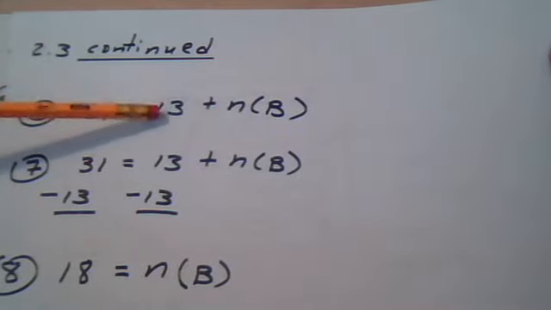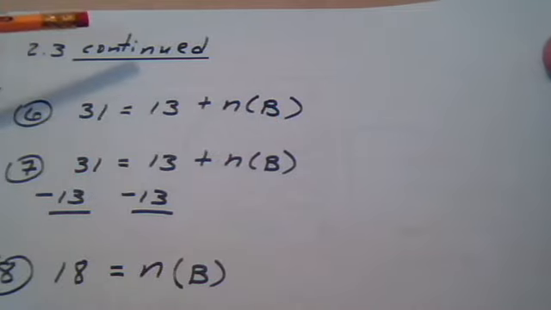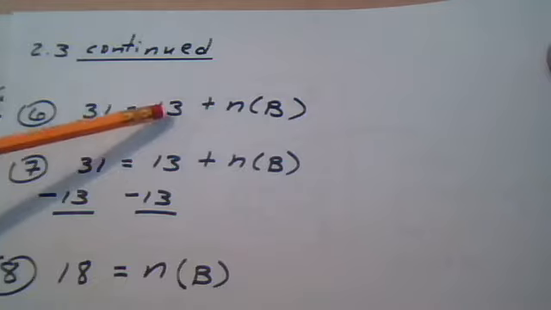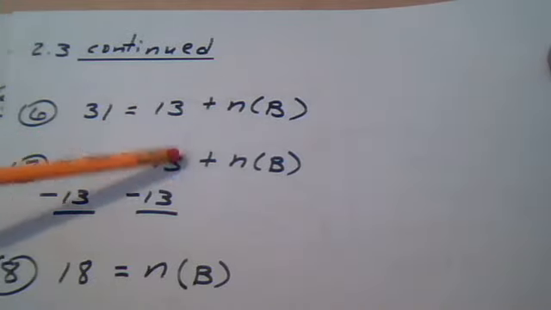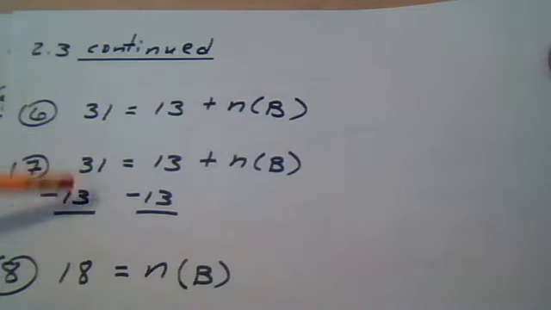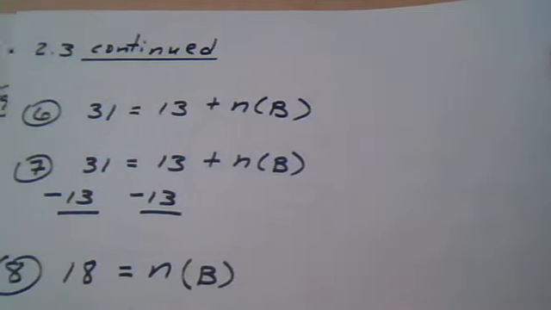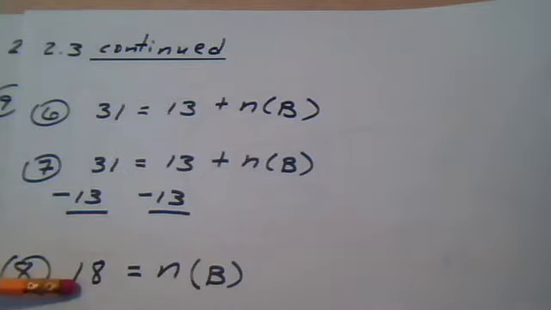So 31 equals 13 plus the number of members in the chemistry group. And the 13 came from 18 minus 5 is 13. Now you move this 13 over by subtracting. So 31 minus 13 is 18. So now we found out how many are in the chemistry group. There are 18 members of the 39 that are taking chemistry.